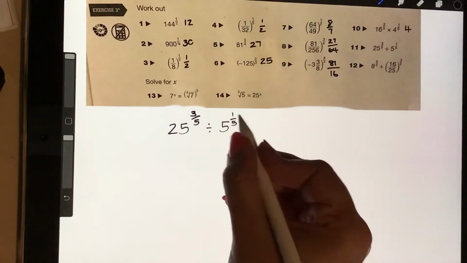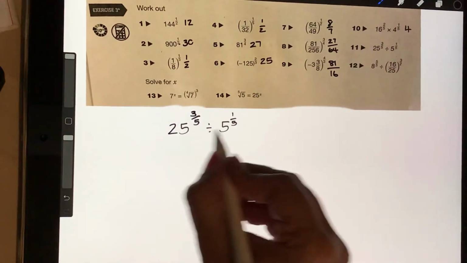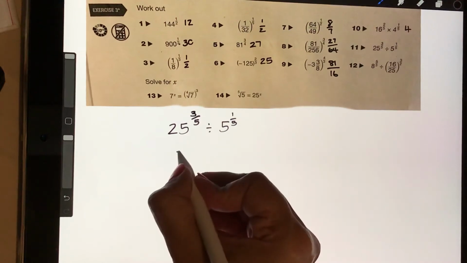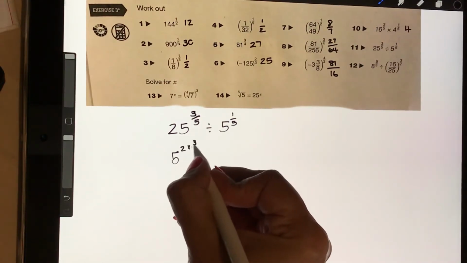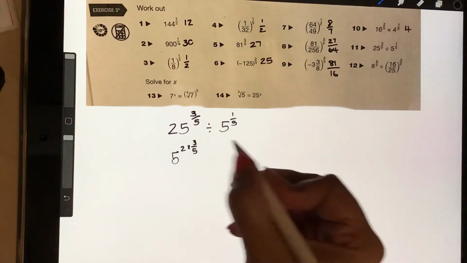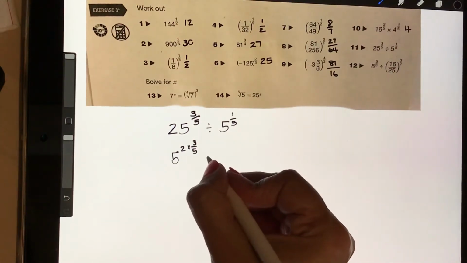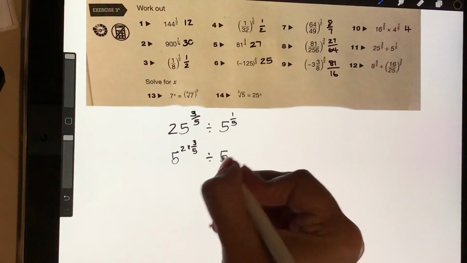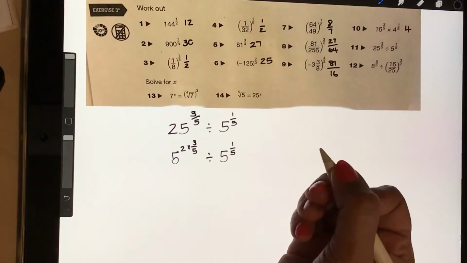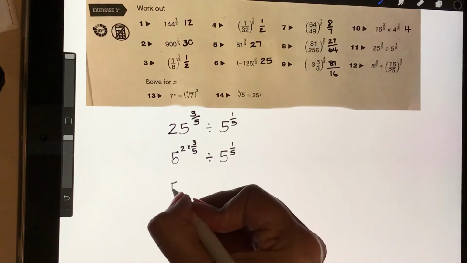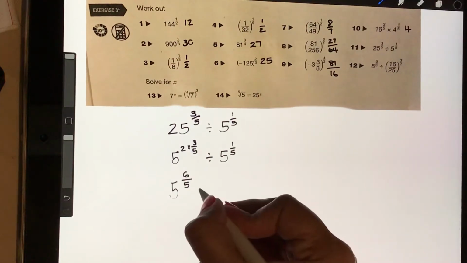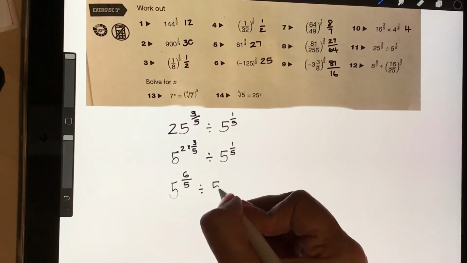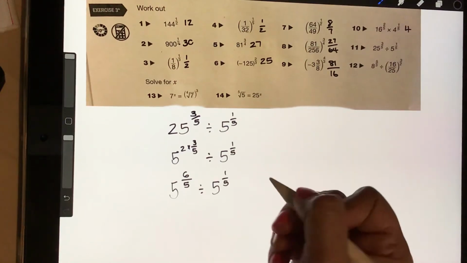Okay, I would again change this so that the base numbers are exactly the same. 25 is 5 squared times the 3 over 5 of that indice, divided by 5 to the power of a fifth. So here we've got then 5, 2 times 3 is 6 over 5, divided by 5 to the power of a fifth.